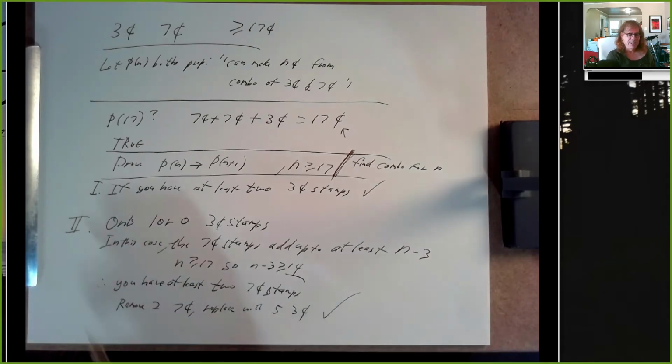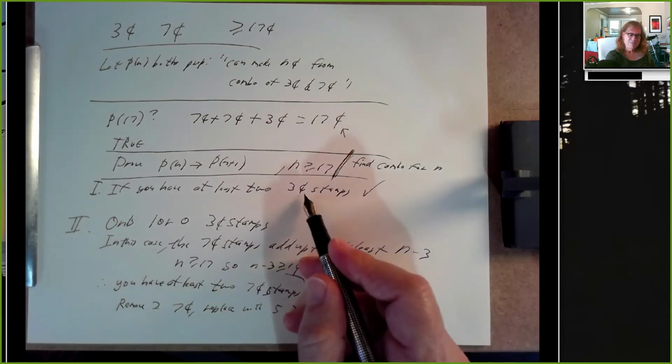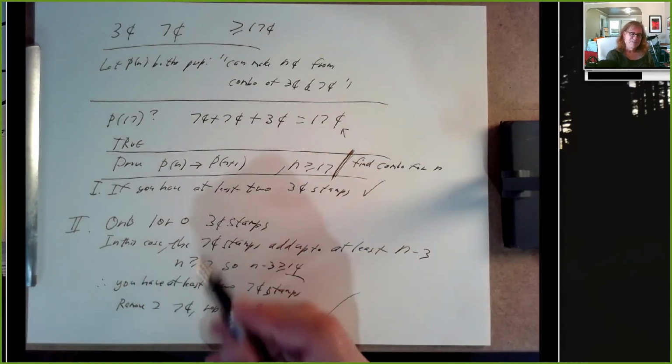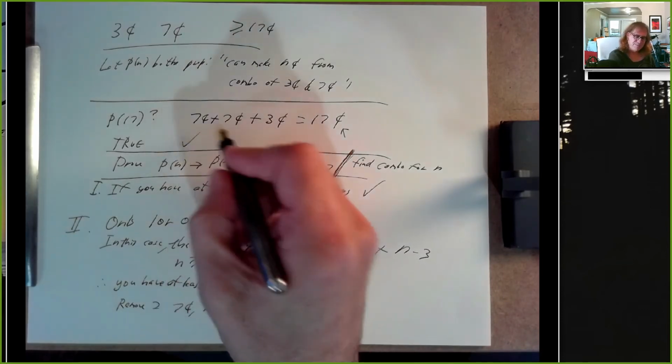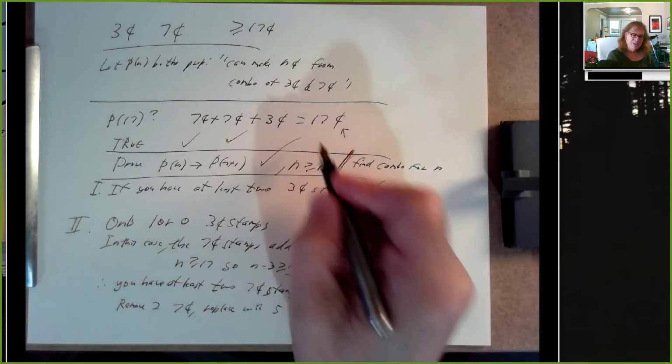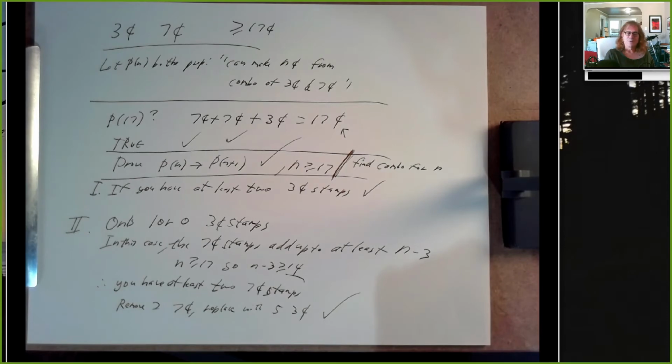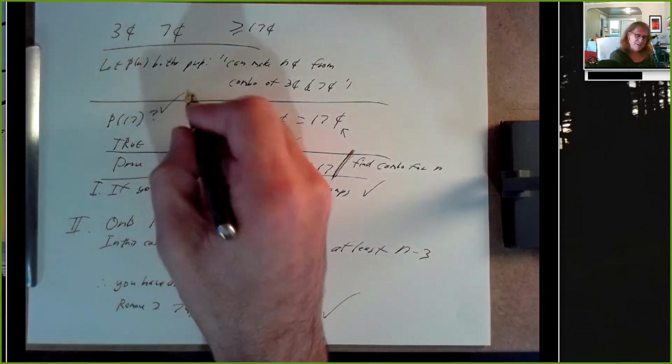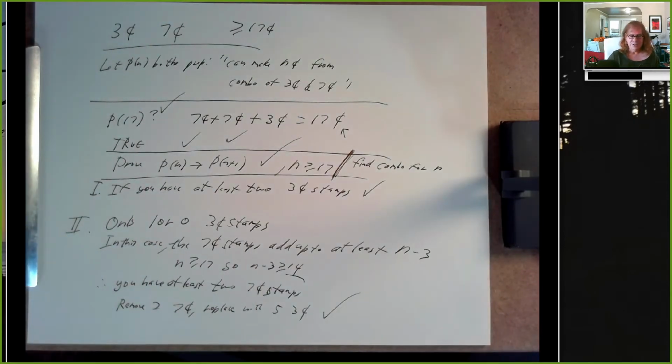And so in any of our possible cases, which is either you have at least 2 stamps worth 3 cents, or you have fewer than 2, P of n implies P of n plus 1. So our inductive step has been proven, and together with our base case, we can conclude P of n for all n bigger than or equal to 17.